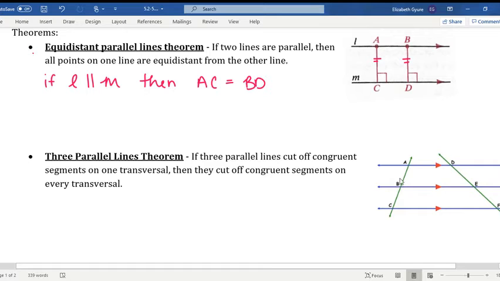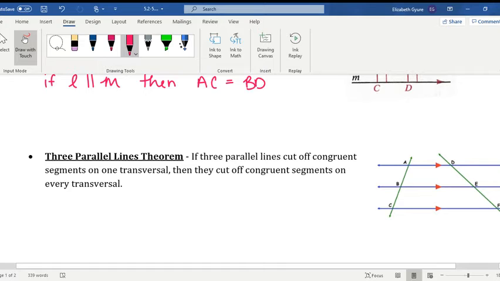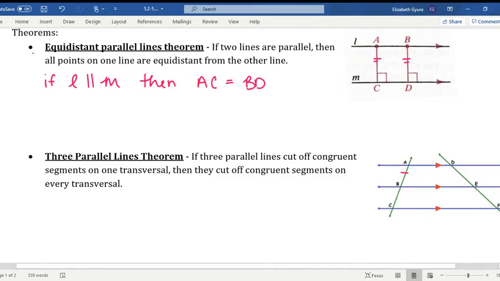So if these three lines are parallel, then we can imply that congruent parts are cut off on either side. So, for example, if we know that segment AB is congruent to segment BC, what do you think we can imply on the other side? Logan?